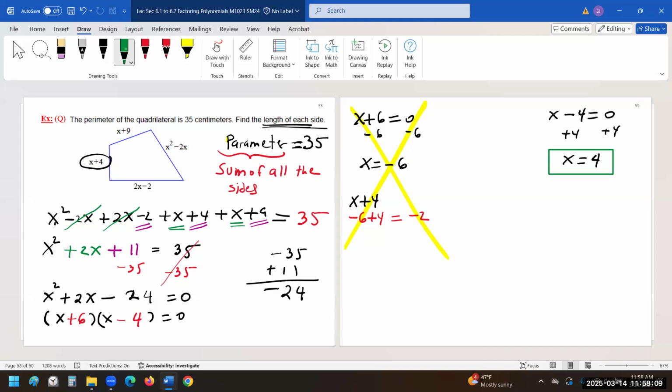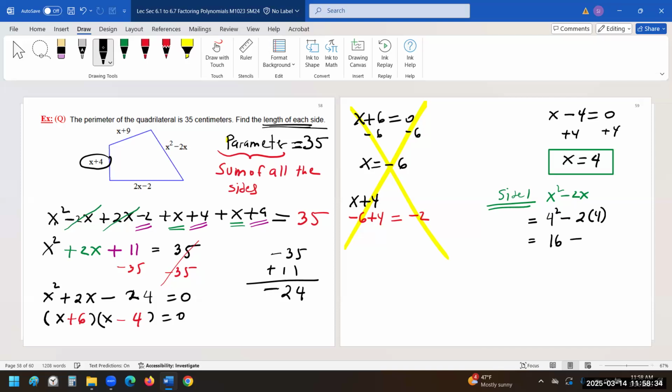So you go to each side and find out how much there is. Side 1, x squared minus 2x. So what do you have? 4 squared minus 2 times 4, right? What is 4 squared?